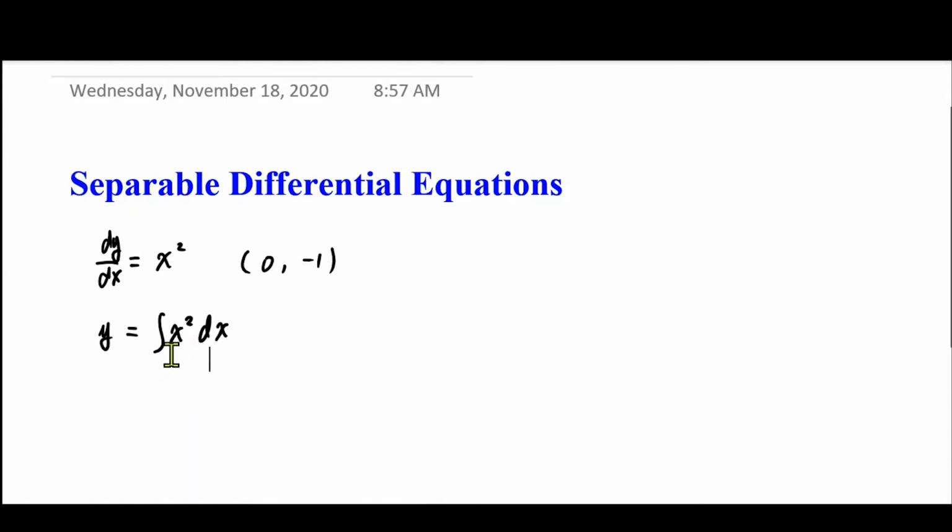So if I don't have this a and b limits of integration, then it just means between this symbol and that symbol, find the antiderivative of that thingy. Very good? Okay, so y is equal to now 1/3 of x cubed and then plus c.